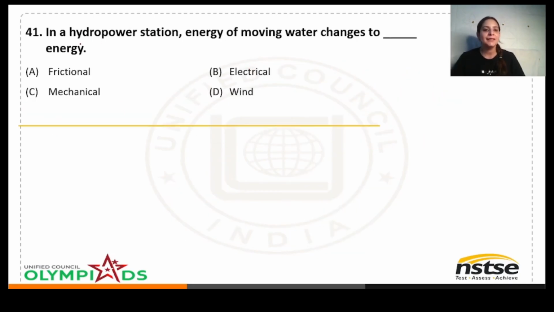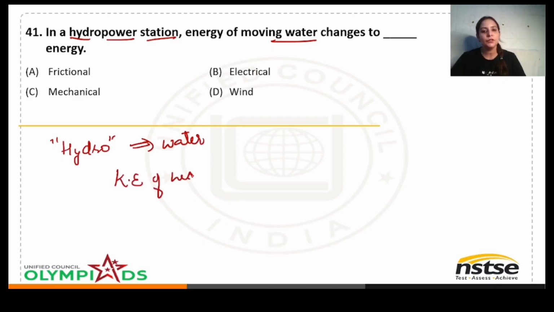The next question says, in a hydropower station, energy of moving water changes to dash energy. Now, what do we mean by the word hydro? Hydro means water. So hydropower stations are those where the kinetic energy of moving water is used.